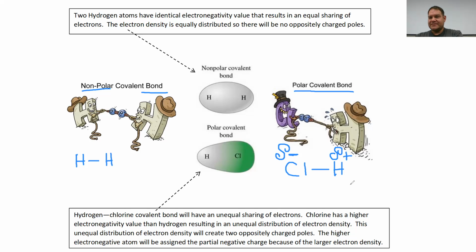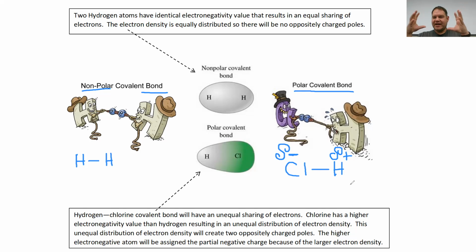All right. And as a result, we refer to this as a polar covalent bond because we're forming two extreme poles. One is negative, that's the chlorine over here. Over here is positive with the hydrogen.